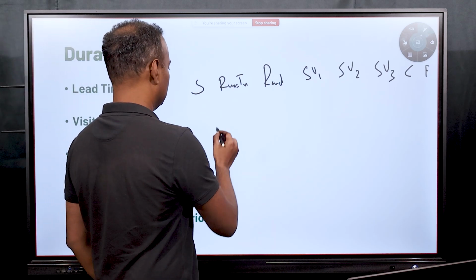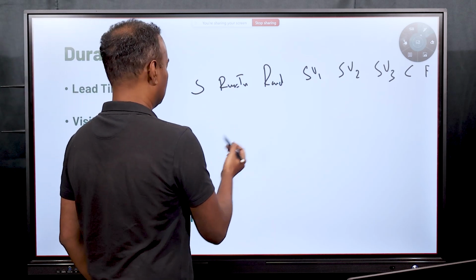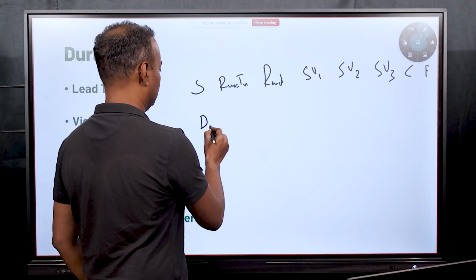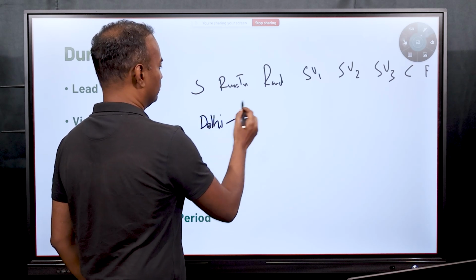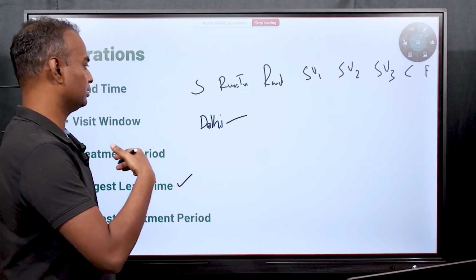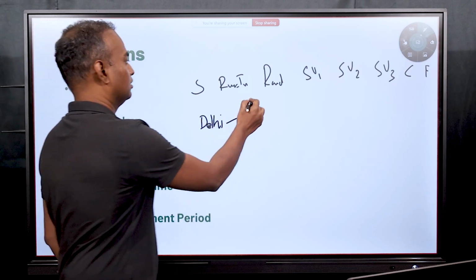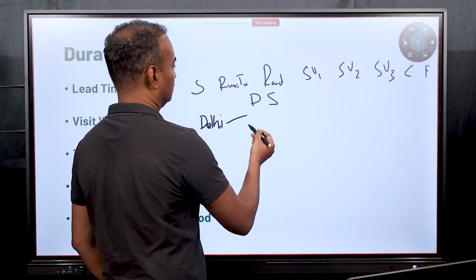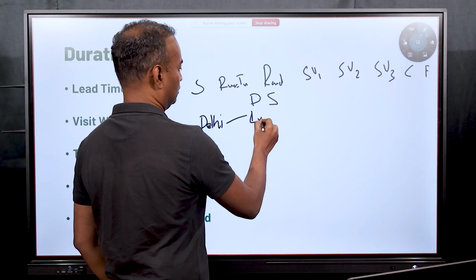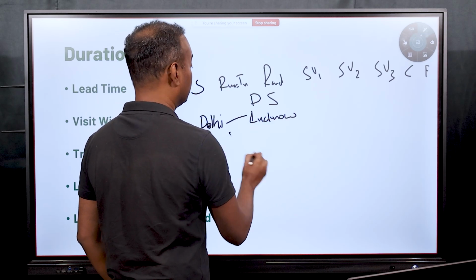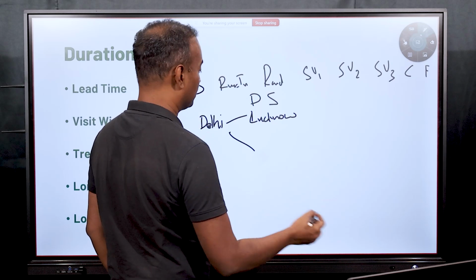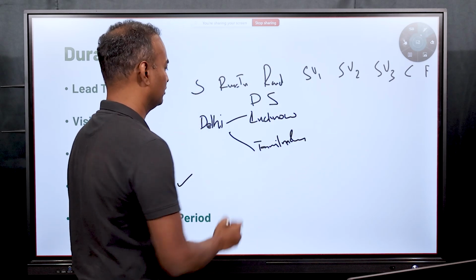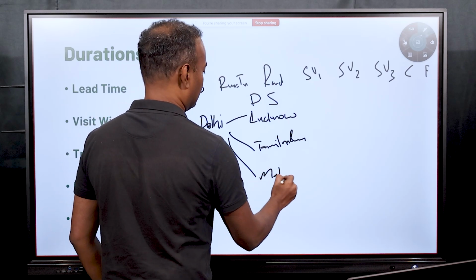For example, the trial is happening in India and the depot is located in Delhi. So when you are shipping the medicine from depot to site, think that one site is in Lucknow, one site is in the extreme part of Tamil Nadu, and one site is somewhere in the middle, Maharashtra.